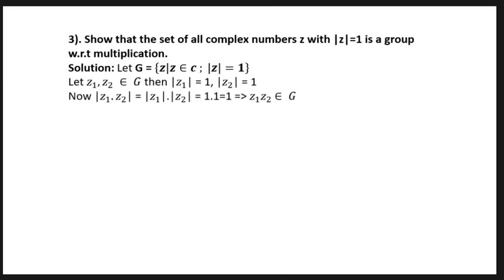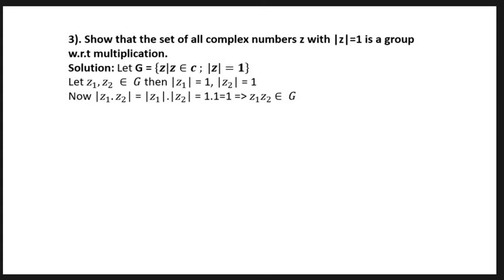Now, let us consider modulus of Z1 into Z2, which is nothing but modulus of Z1 into modulus of Z2. Modulus of Z1 is 1, modulus of Z2 is 1, so 1 into 1 is equal to 1.